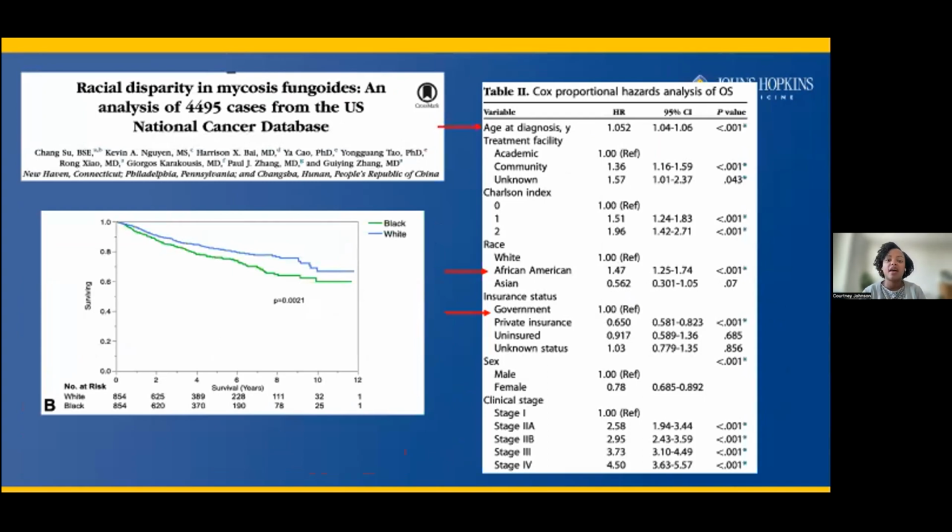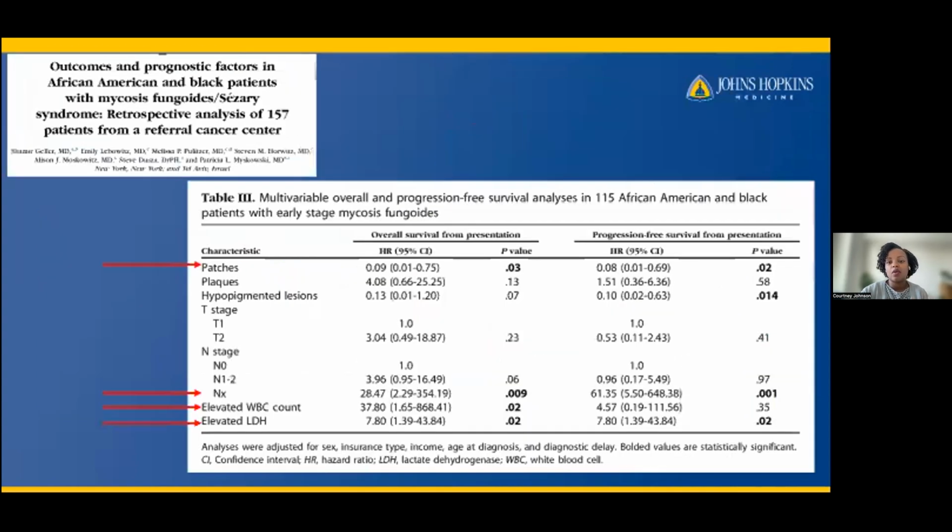Those patients tend to have poorer survival than white patients, even after accounting for socioeconomic factors, disease characteristics, and types of treatment. In a follow-up study from Memorial Sloan Kettering, they also found inferior outcomes in African-American populations, and that was associated with clinical characteristics. So their study actually showed that there's more of a difference in biology and less of environment.